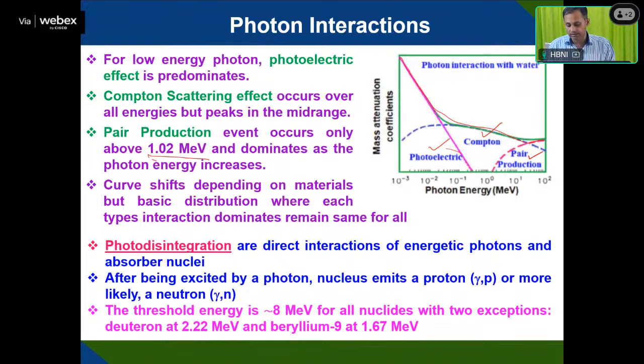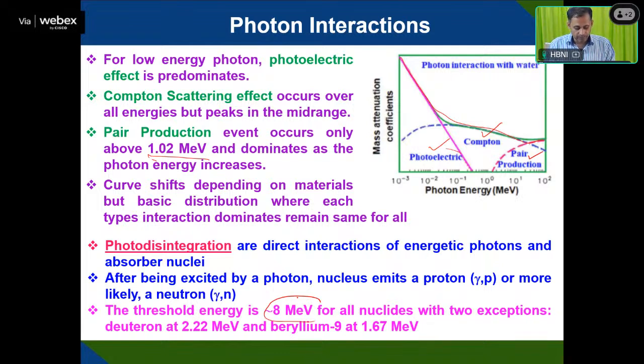In addition to these three, the photoelectric effect, Compton effect, and pair production, photo disintegration is also possible. That is the direct interaction of an electromagnetic photon with the nuclei. Photo disintegration is possible if the threshold energy is higher than or equivalent to 8 MeV. There are only two exceptions: for deuterium it is 2.22 MeV, and for beryllium it is 1.67 MeV.